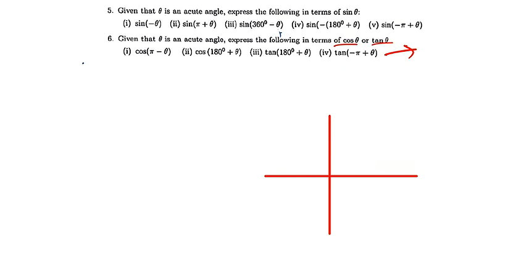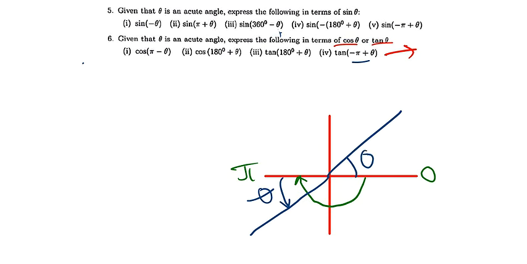Have you paused the video or you're still watching? Pi, 0, negative pi. So negative pi already, that indicates clockwise way of moving. Now it's a bit crazy here because theta is not matching with the sign of the other side. So the fact that it's positive, it entails we're supposed now to get back this direction by magnitude of theta. So that same angle applied to the first quadrant.